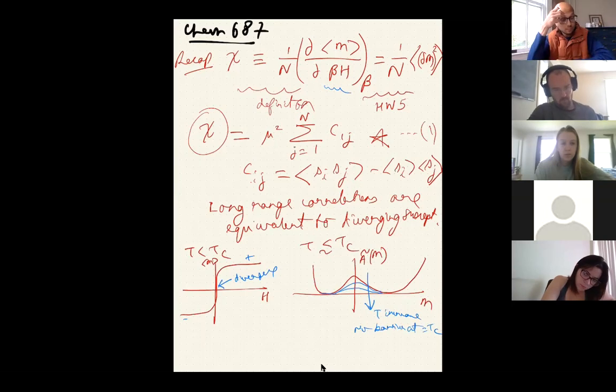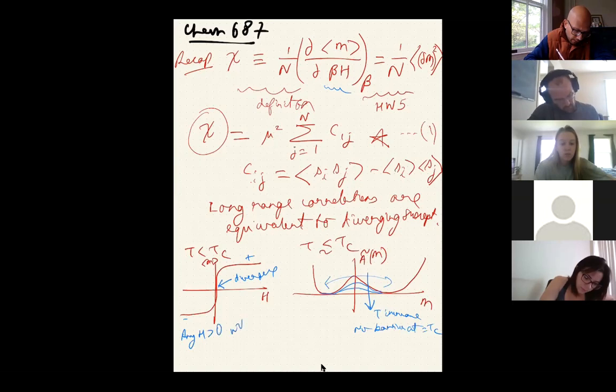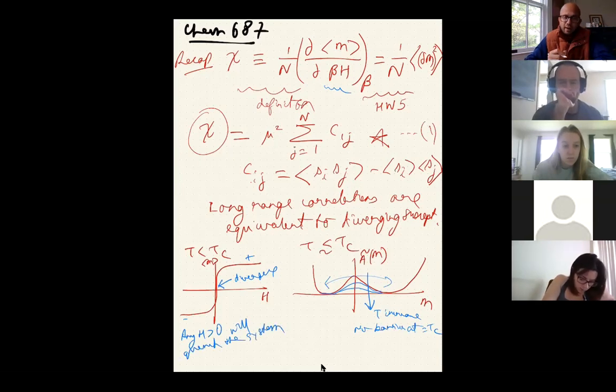So essentially the system can reversibly move between positive magnetization and negative magnetization without any barrier. It has no problem moving back and forth. In the earlier case, any H more than 0 will quench the system into a magnetized state where everything is pointing up or everything is pointing down.